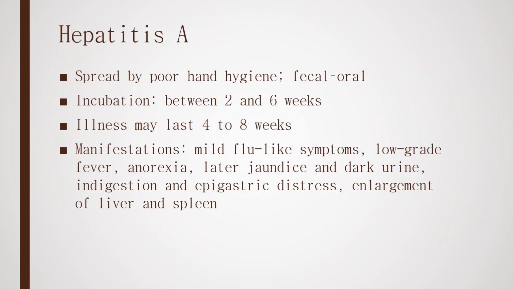viral hepatitis. Hepatitis A is the first hepatitis that we are going to talk about. Typically, it is spread by poor hand hygiene and the fecal-oral route. A child or a young adult acquires the infection at school through poor hygiene, hand-to-mouth contact, or other close contact.